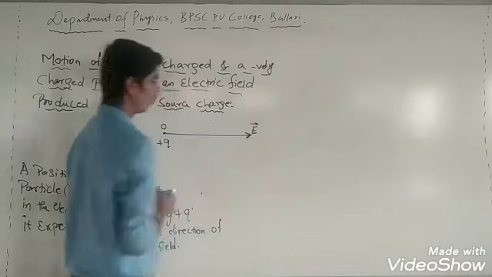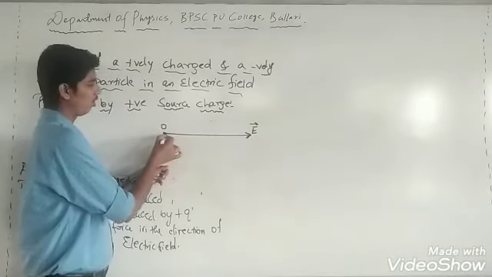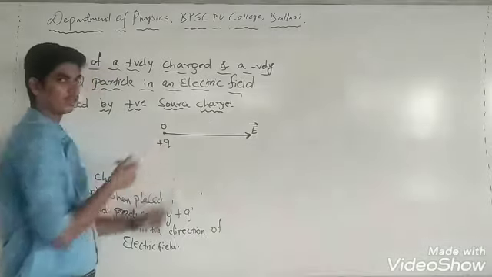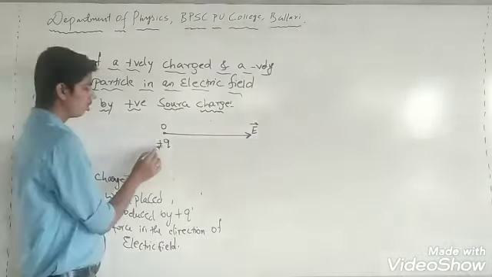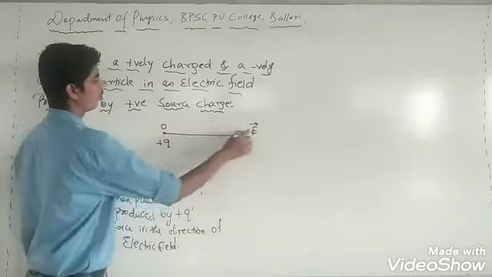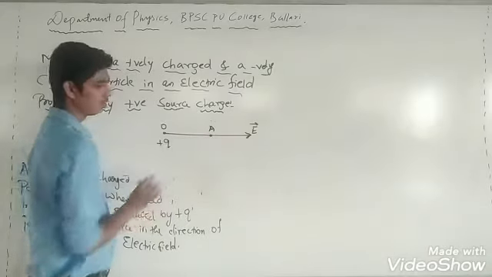Due to a positive charge, electric field always points outwards, and due to a negative charge, electric field always points inwards. So at some point, say A, the direction of electric field will be away from the charge.